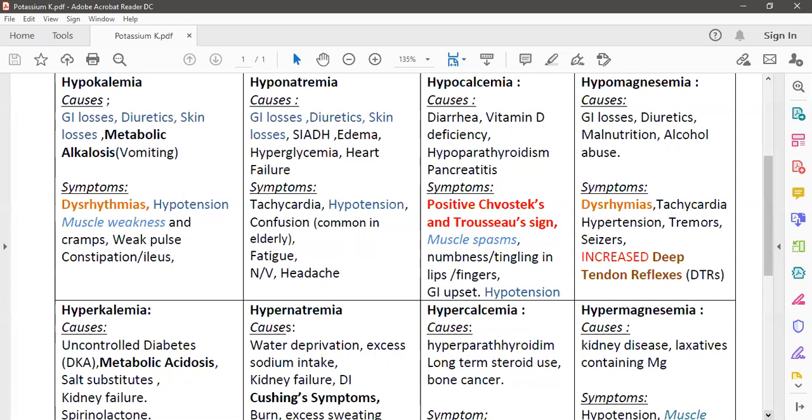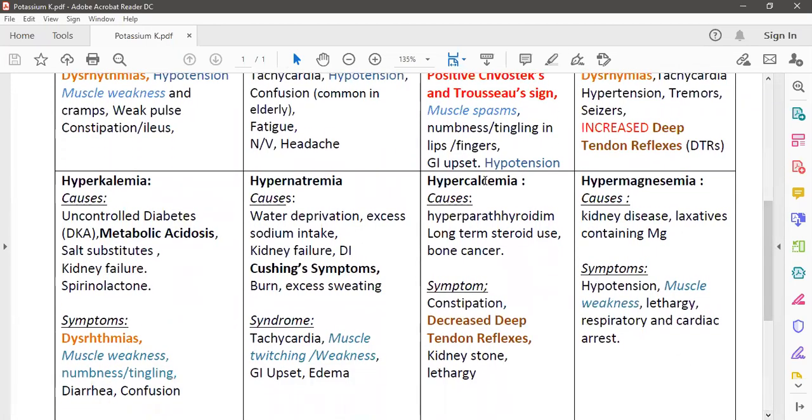Administer oral or parenteral calcium supplement as prescribed, and during intravenous administration of calcium, we have to closely monitor the cardiac status of the patient, or closely monitor the EKG. What next?